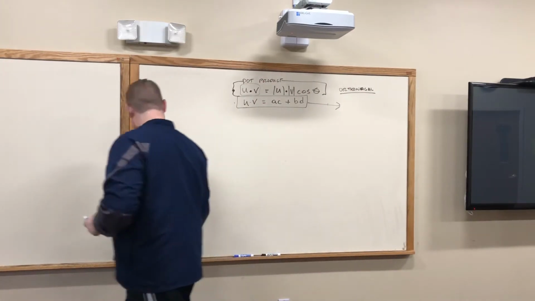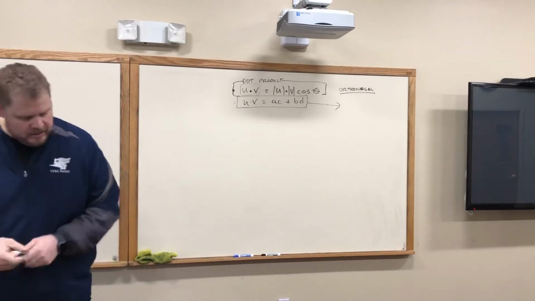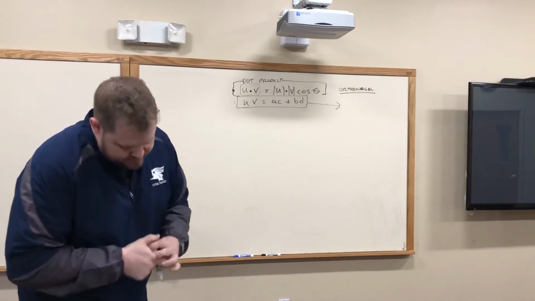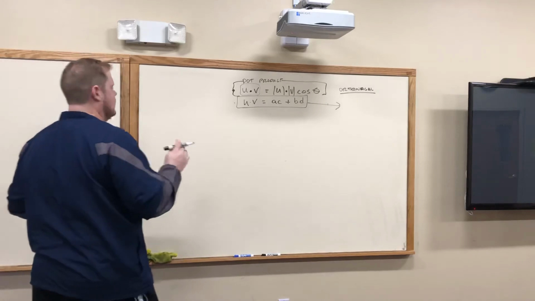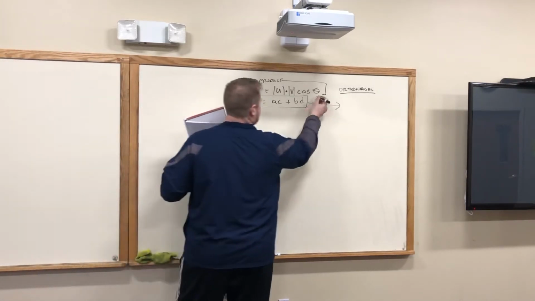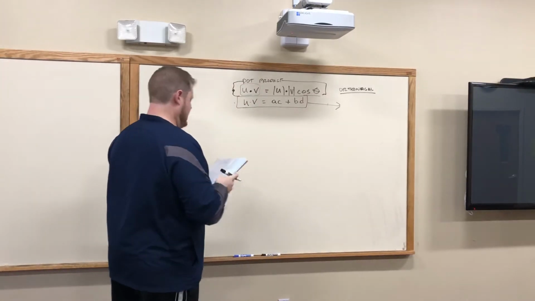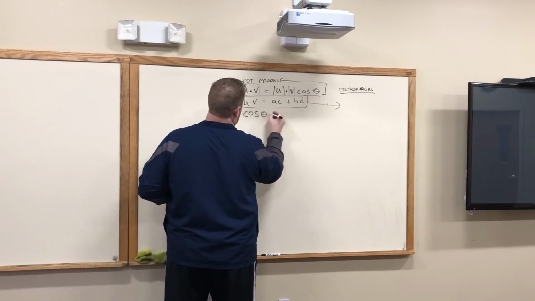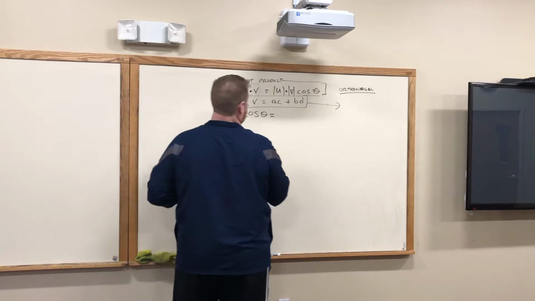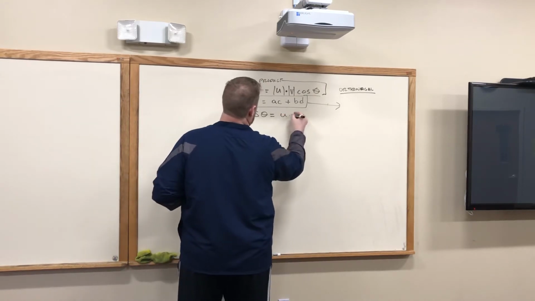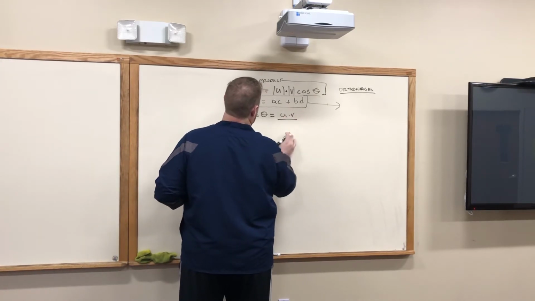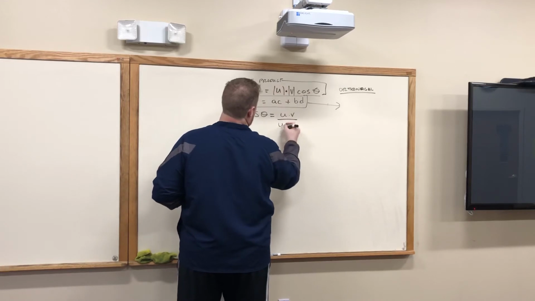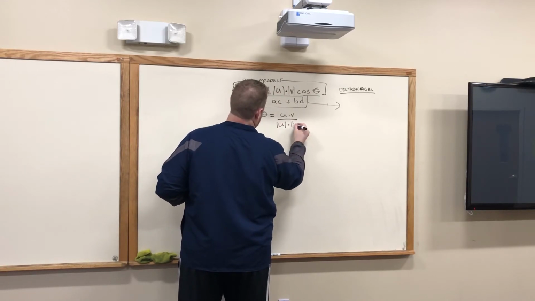Last type of problem for this section, 7.6, is they say, hey, we want you to find the angle. If they want us to find the angle, cosine theta, what would the equation be? So cosine theta equals u times v over the absolute value of u times the absolute value of v.